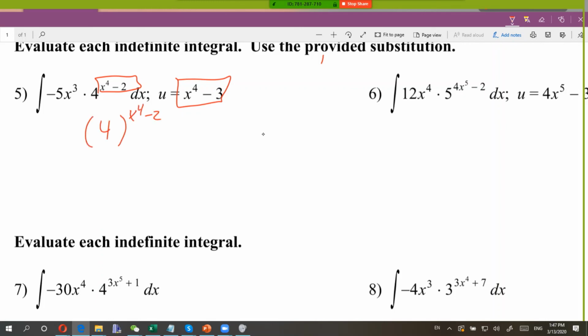I'm going to subtract 1 and add 1 to this power, so that'll give me 4 to the x to the fourth minus 3 plus 1. If I'm adding exponents, what I'm really doing is multiplying with the same base. So I'm going to pull this plus 1 out, and that'll give me 4 to the x to the fourth minus 3, times 4.